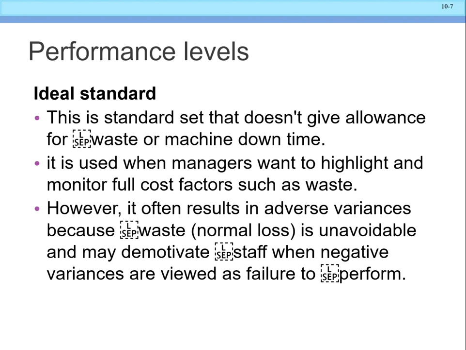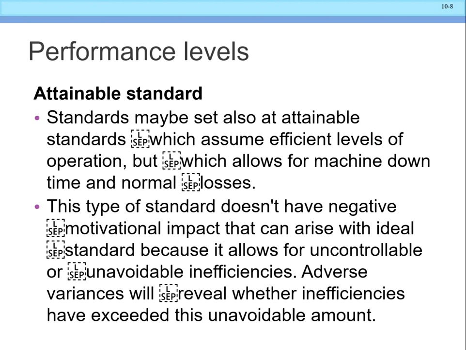Something that is ideal is something that is nice to have, but which is not achievable, or which is difficult to achieve. Then we can proceed to look at attainable standards, and these are standards that allow for machine breakdown.